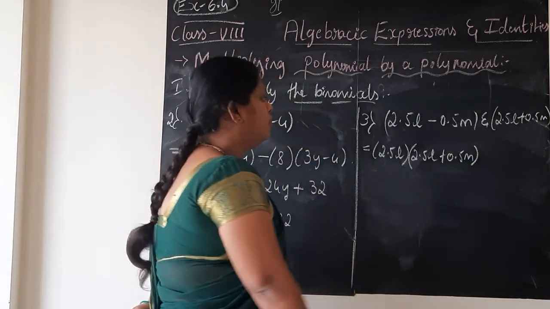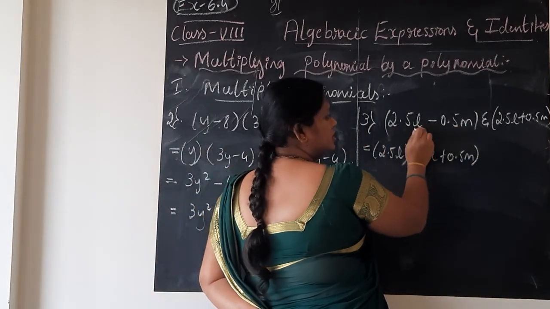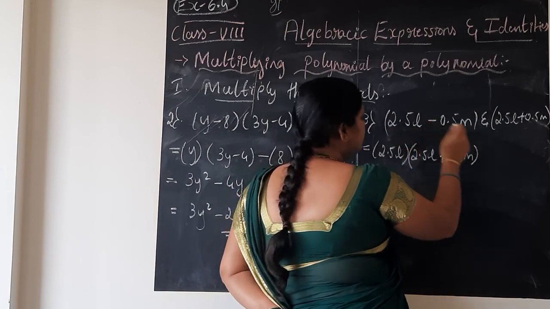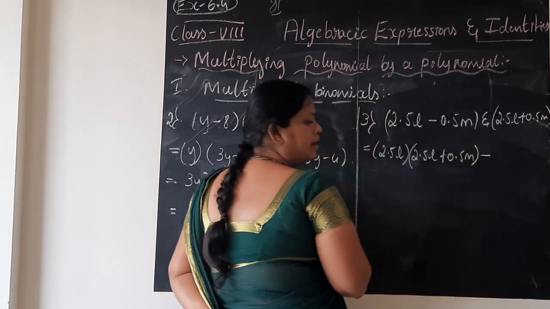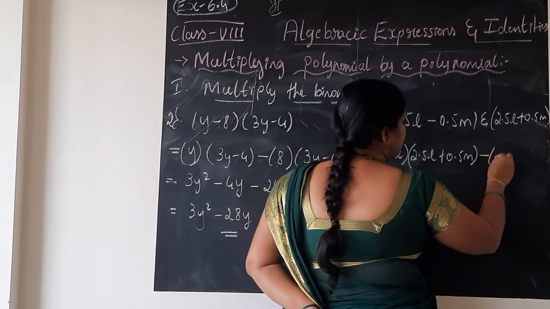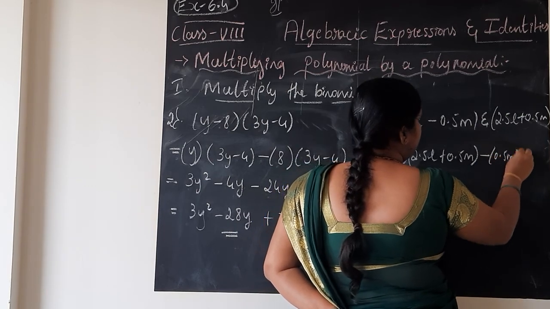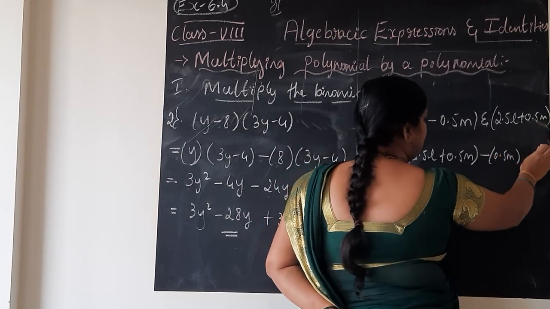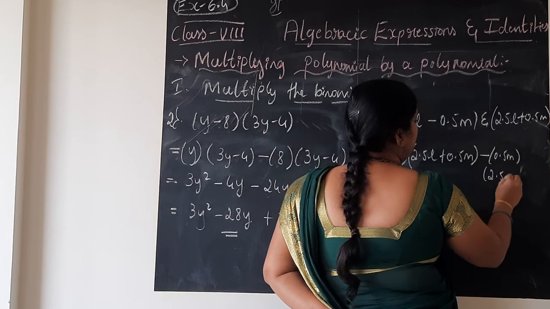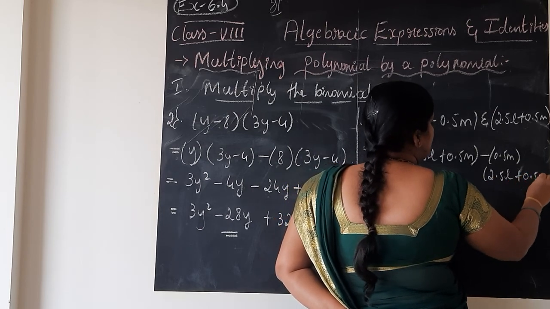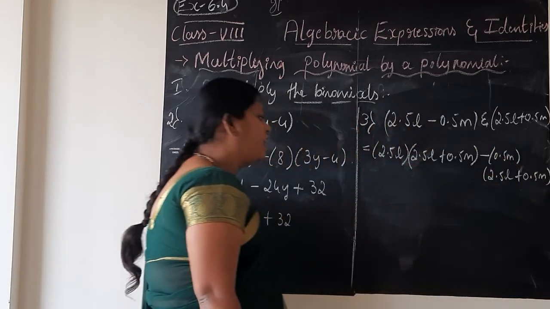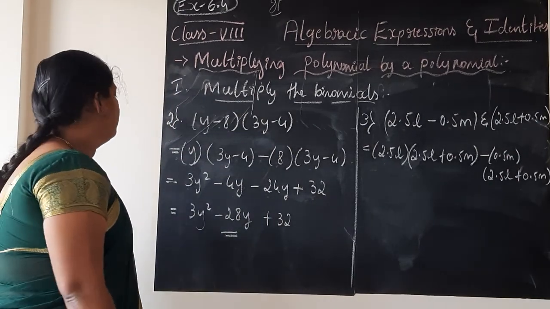Next, whatever sign is there between the terms of the first binomial, I should write that sign. So a minus sign is there, into the second term, that is 0.5M, into again the whole bracket. Let me write in the next line: 2.5L plus 0.5M. That is how you do it.